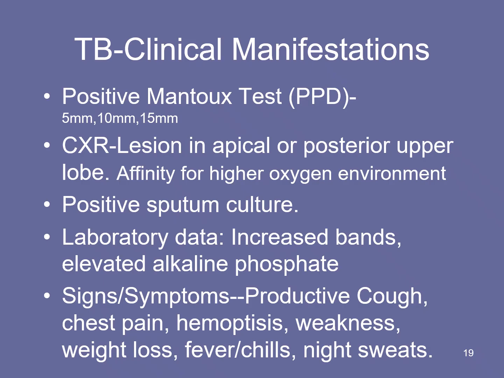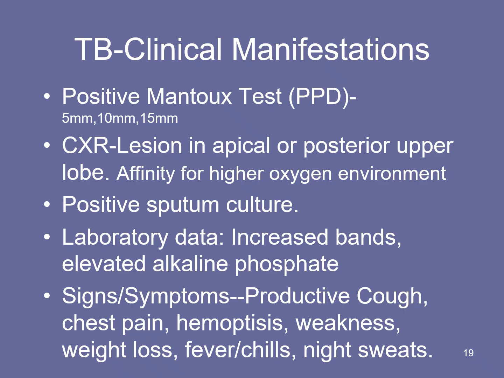Basically, the acid-fast bacilli have an affinity for a higher oxygen environment, and indeed there is a higher oxygen tension in the middle and upper portions of the lung. Another finding is a positive sputum culture. Unfortunately, the acid-fast bacilli do not like to grow outside of the body, so many times the protocols for getting sputum are 3 consecutive days. Sometimes some of those protocols are 3 consecutive shifts.